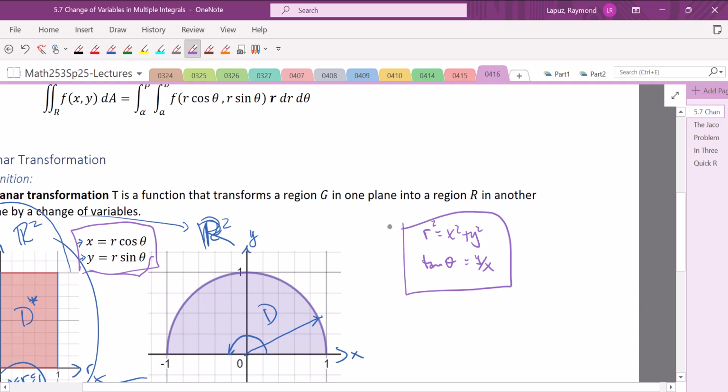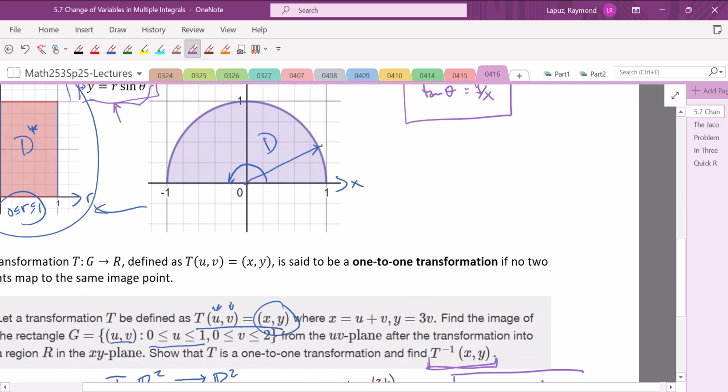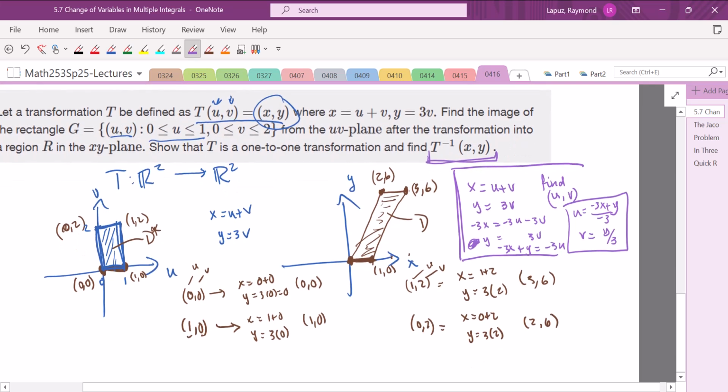So you can solve for r by taking the square root, or you can solve for theta by taking the arctan. But by doing those, you kind of lose some information. Because this particular transformation, the polar coordinate transformation, is not one-to-one, the solving back would be a little bit trickier. But again, we're not going to dwell on that too much. But here is your T inverse.